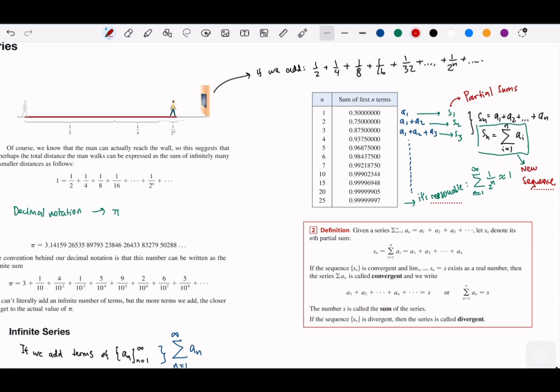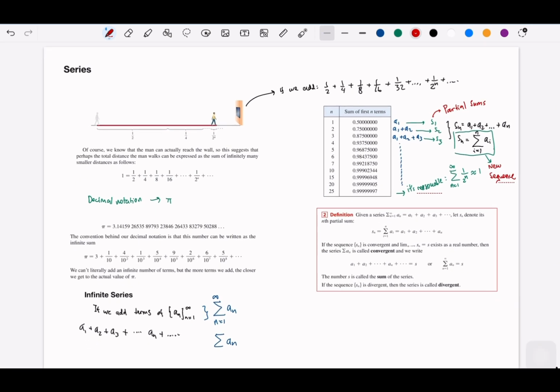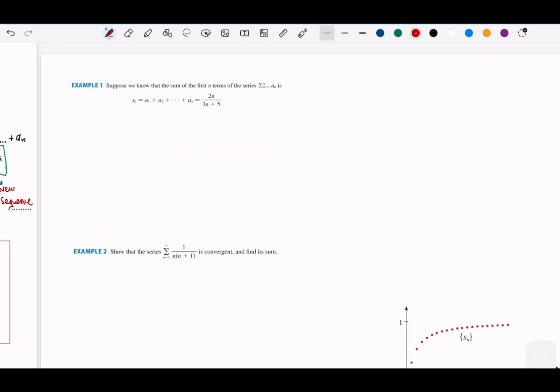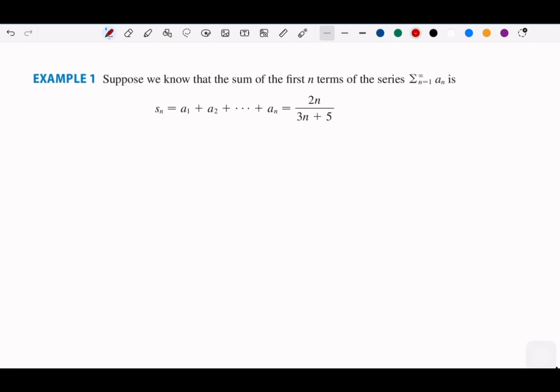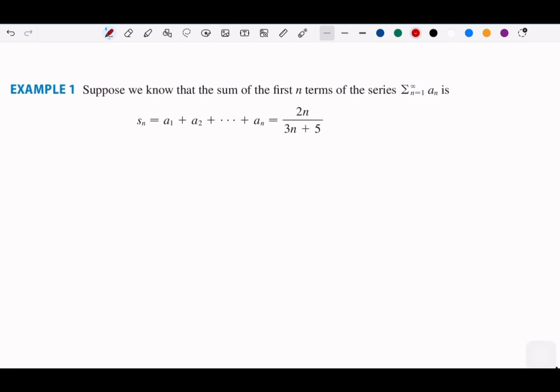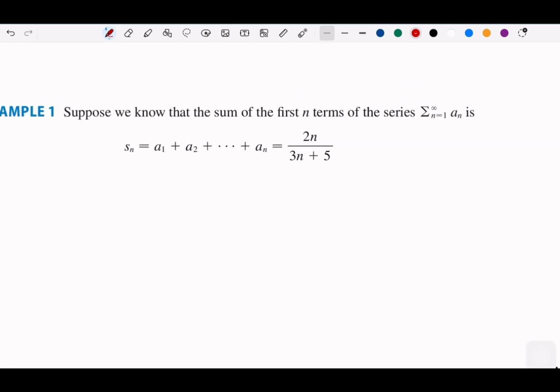Okay, so let me go through. Now let's have a small example just to see what it will be. Suppose we know that the sum of the first n terms of the series is Sn. So the sum for the an itself is the limit of the Sn.